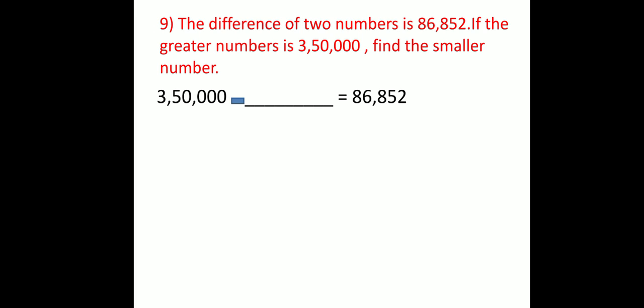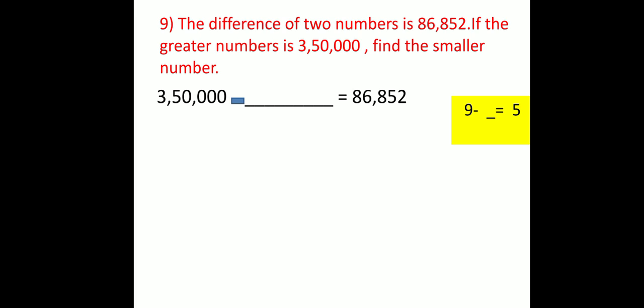See here also I'll give one example. 9 minus dash equal to 5. 9 minus, which number you subtract from 9 to get 5? Yes, that is 4. 9 minus 4 equal to 5. How did you get it?